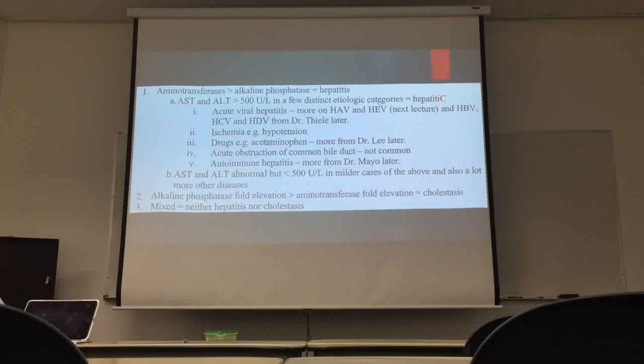If you have involvement of your alk phos and GGT, you think of cholestasis, right? Because that's expressed in your ducts. But if it's mixed, then obviously it's mixed. And they're adding the AST and ALT saying greater than 500, right? Together? I thought they were individual. Individually.